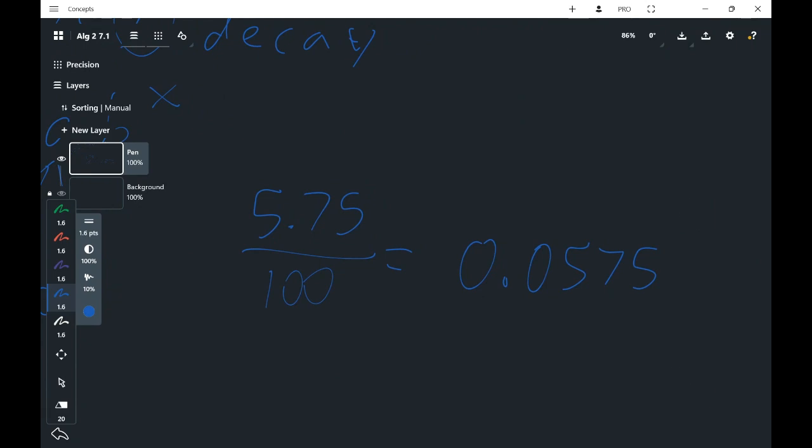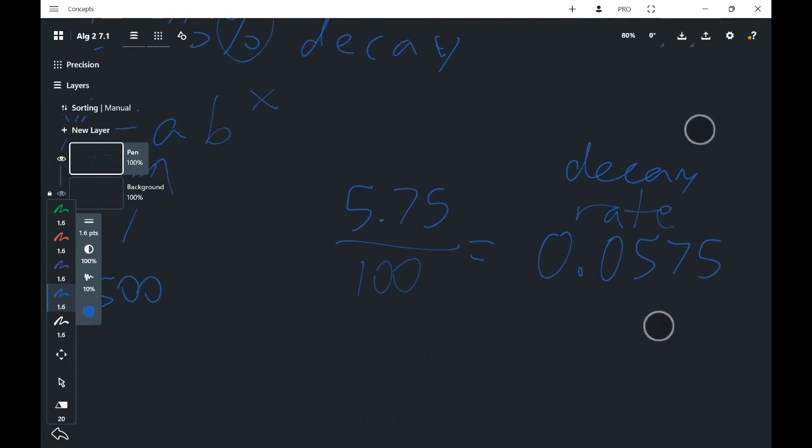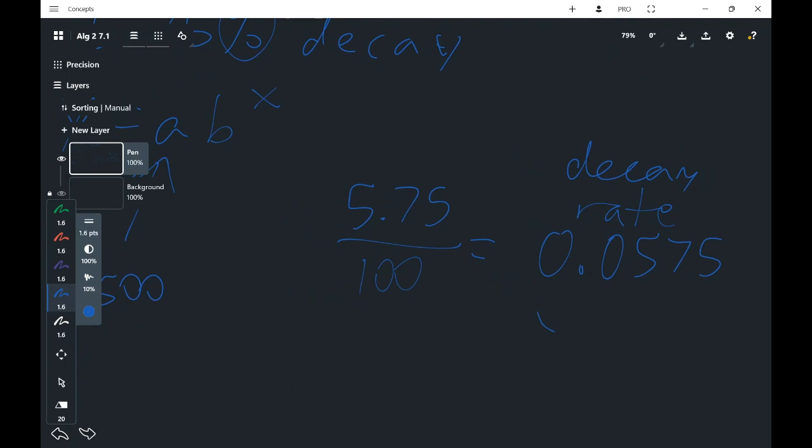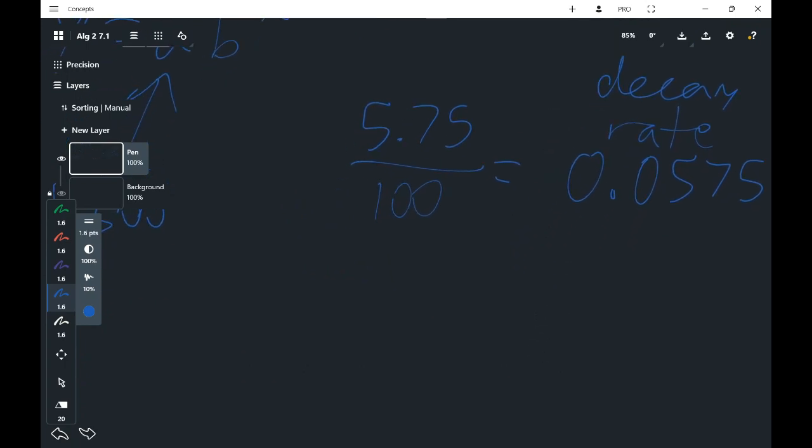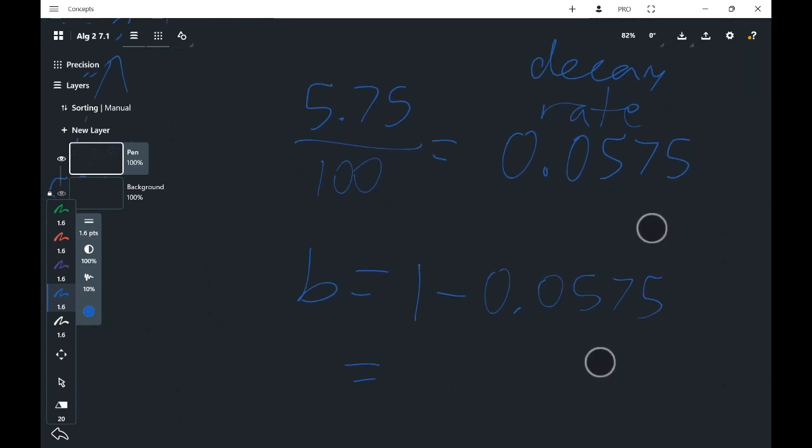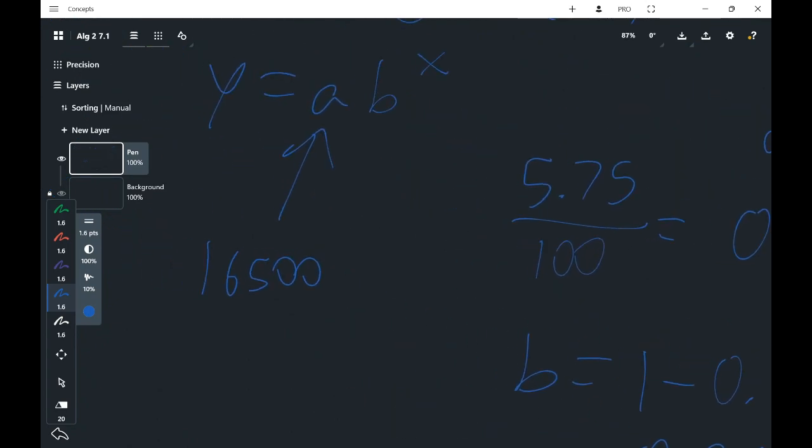This is what's called our decay rate. The value is going down, so it's decay, and this is the rate at which it's decaying. But even this is not really our B either. Our B is going to be equal to 1 minus the decay rate. So our B is really going to be equal to 0.9425. That's our B value.